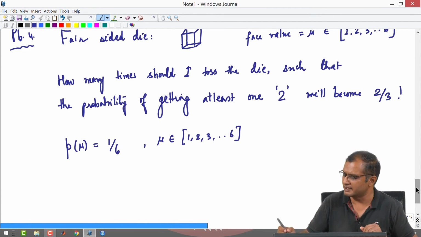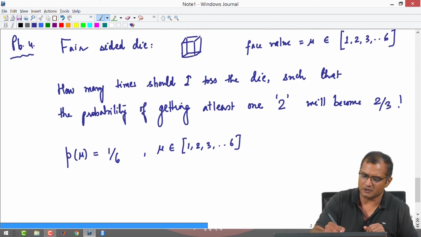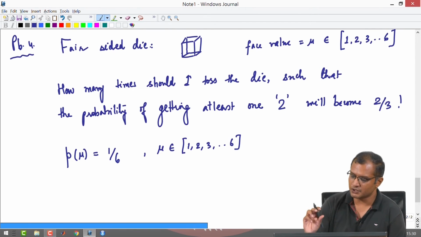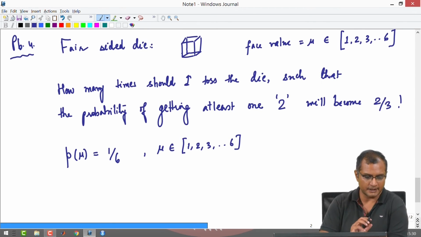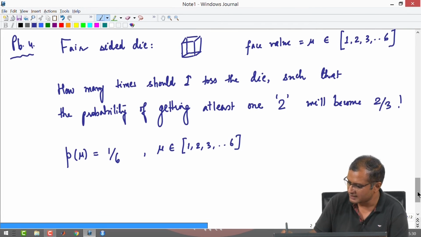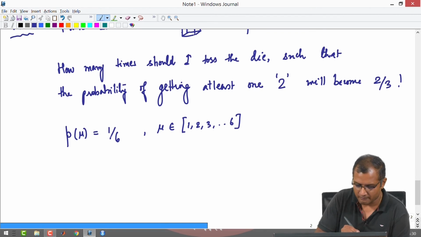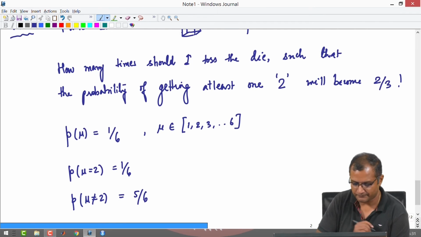So, you do not require a very large number of tosses, but just to compute the minimum number of tosses required statistically to say that the probability of getting a 2 will become 2/3. Okay. So, this question can be done in a certain way: if you know that the probability of getting a 2 is 1/6, you can say that the probability of not getting a 2 is 5/6. Okay.